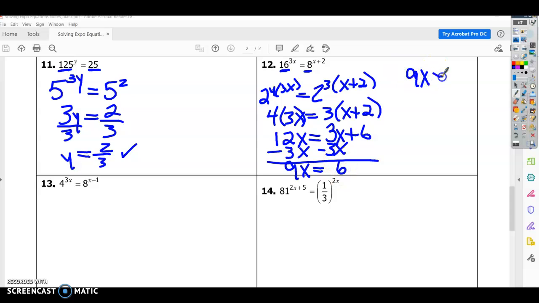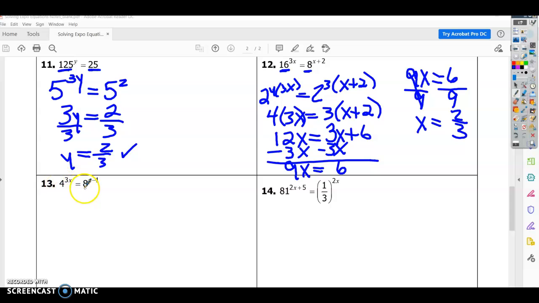And 9x equals 6. Divide by 9 to get x by itself. This cancels. 6 divided by 9 reduces to 2/3. Okay, again, I've checked these, so you go through and make sure you know how to check it, but we're going to move on.